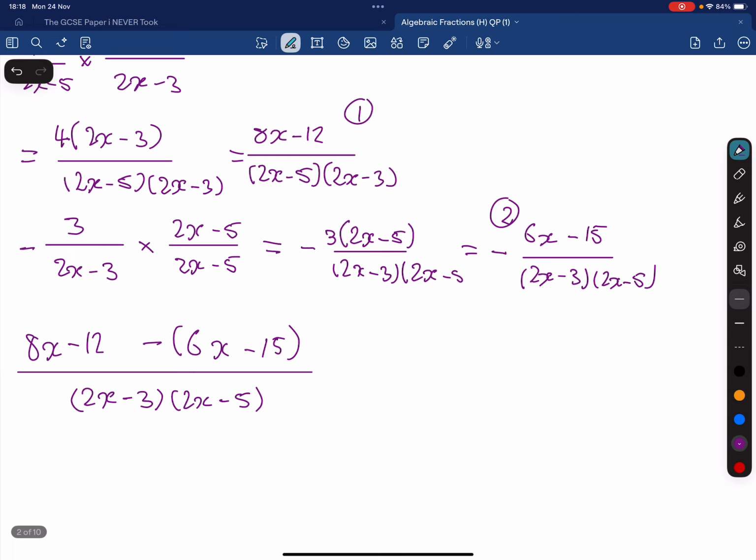Yep. And this is equal to 8x minus 6x is 2x, minus 12 minus 15, minus 12 plus 15 is plus 3, over 2x minus 3, 2x minus 5.